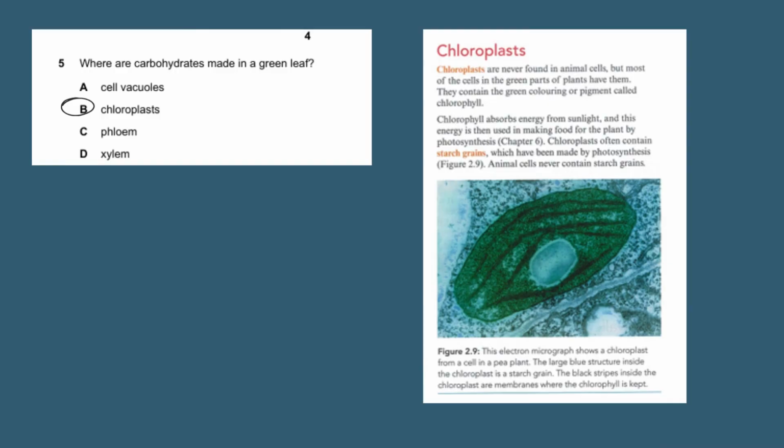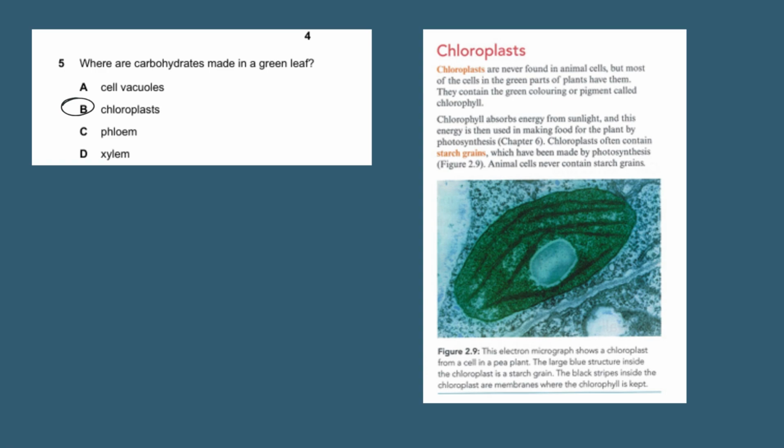It's asking where carbohydrates are made in green leaves. Very easy. In the chloroplast, in the leaves, they make starch grains or starch, which is a carbohydrate.